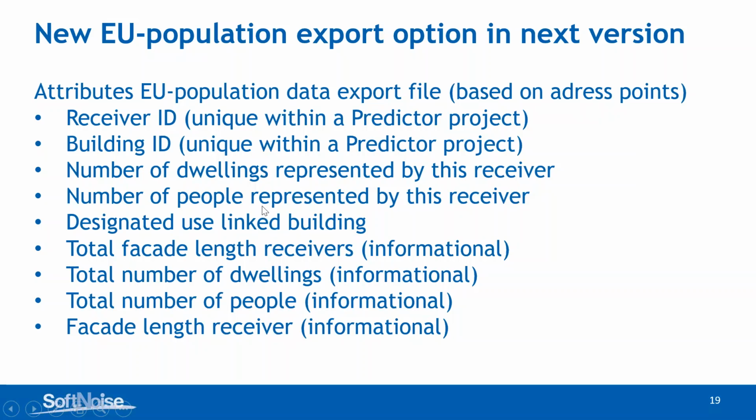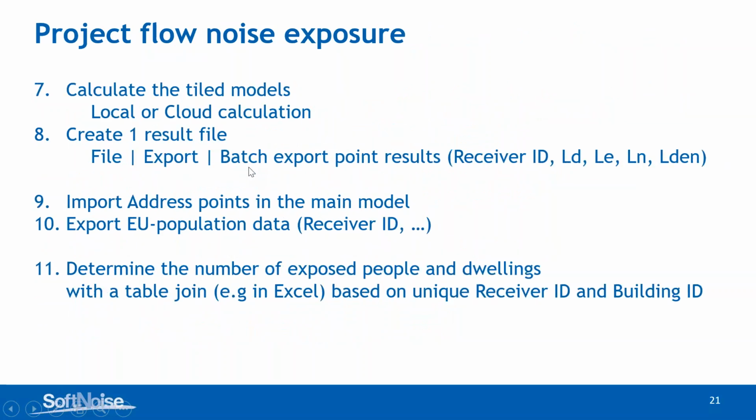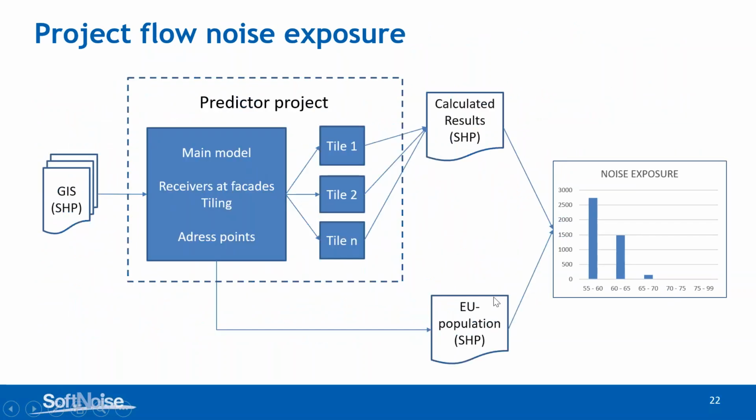But that's only informational. This is the important data. And once you have that data, so this EU population data, you can link the two based on the receiver ID. And then you can count the number of dwellings per 5 dB noise classes.